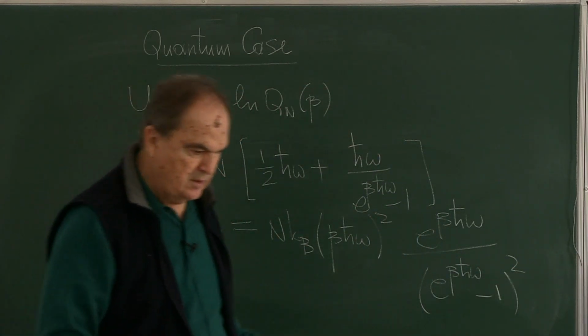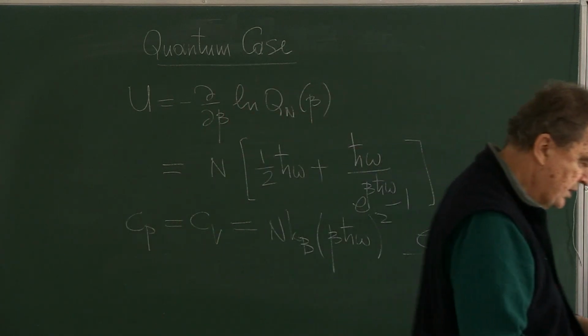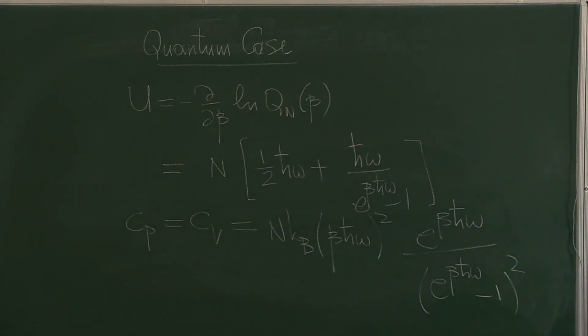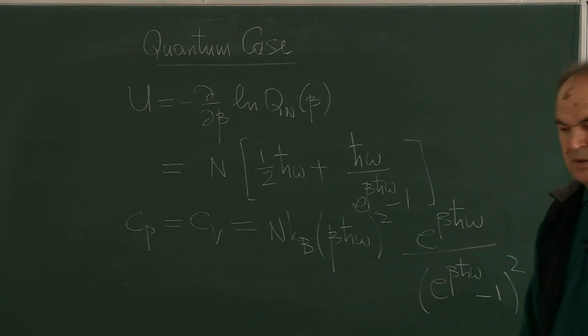So what is the verdict in this case? Do they obey the classical equipartition theorem? We don't have any multiple of 1/2 kBT, isn't it? So they don't obey the equipartition theorem since this is the quantum case.